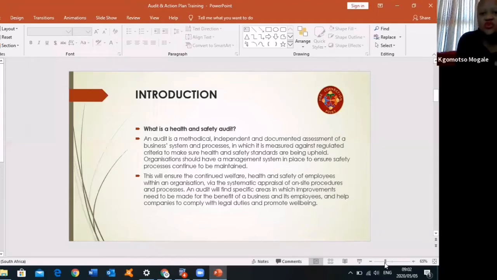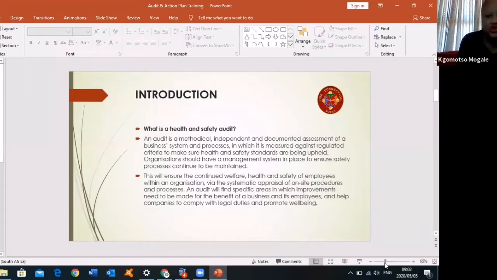An audit, we know that it is a documented assessment, meaning that it's something that we use to measure the health and safety management system of the company to see whether the standards that have been set by the company are being upheld by the company.